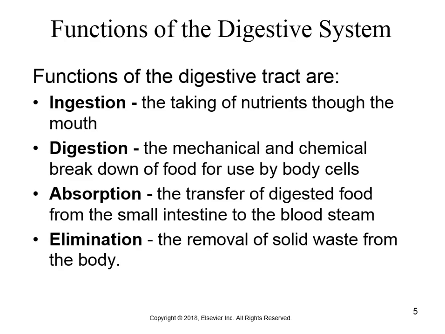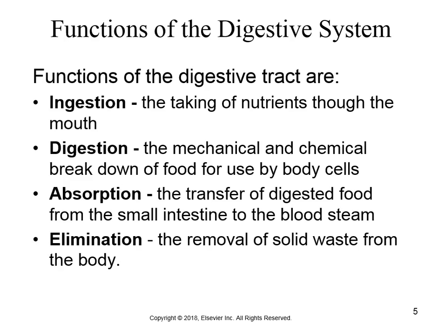So what does the digestive system do? Well, most of the time we think of, obviously, it digests, but it's a series of other things as well. So it's a process of actually bringing in nutrients. So you're ingesting, you're chewing, you're using saliva to break down that food, which goes into the digestion piece as well.